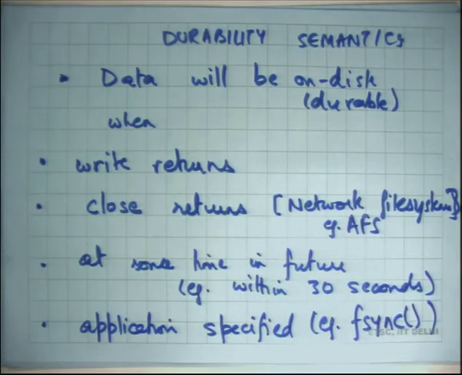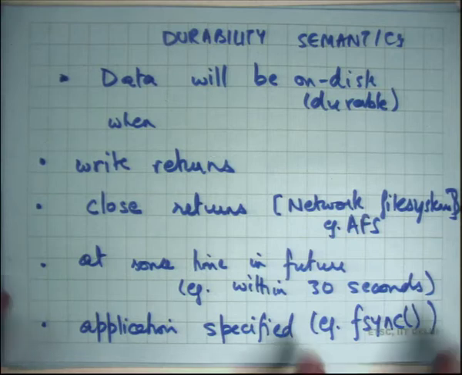The application can call the fsync system call, a system call on a file descriptor, and by the time fsync returns, I'll be 100% sure that the data has been made durable. So for an ATM, you will first call fsync, and wait for fsync to return before you give out the money. All right?